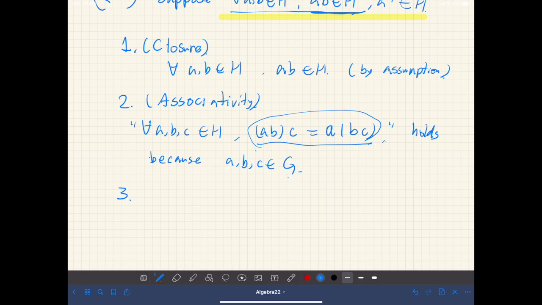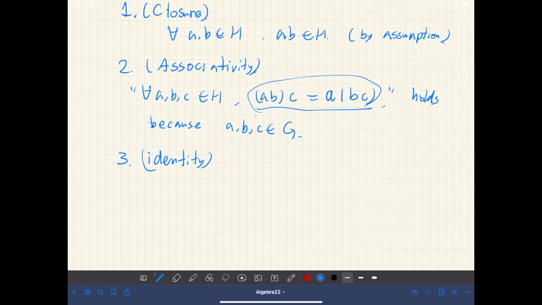And the third condition is the existence of the identity element. So let's see.